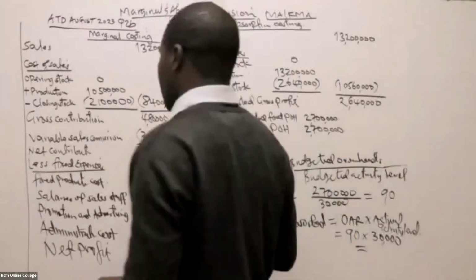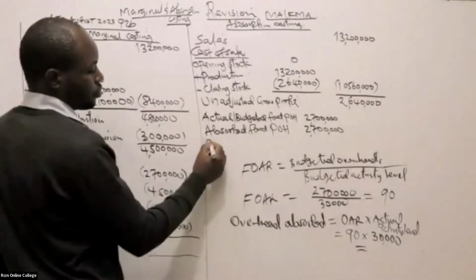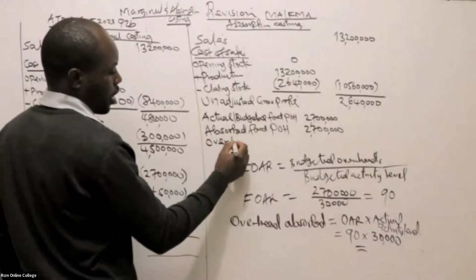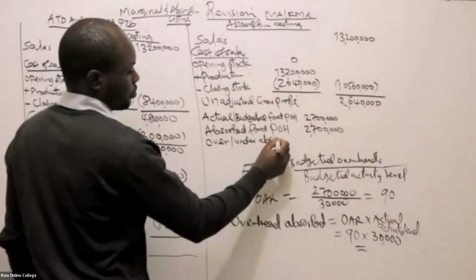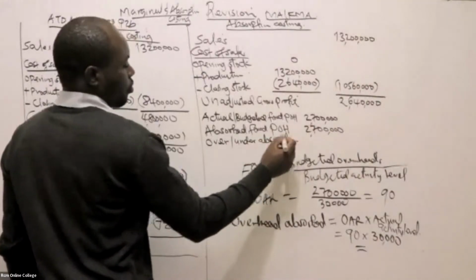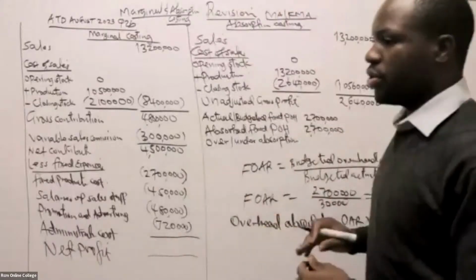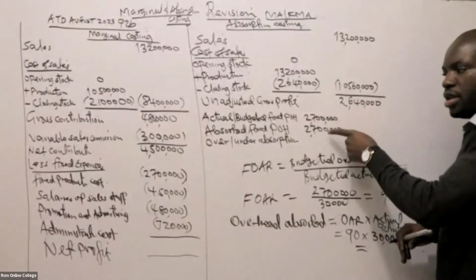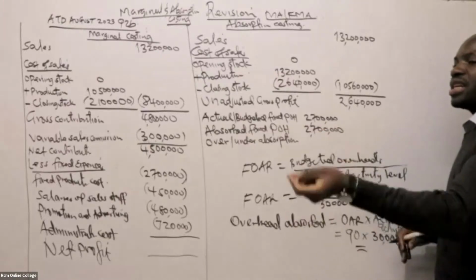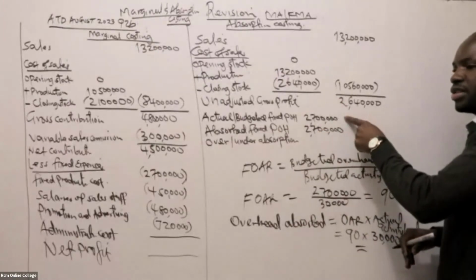So we now come here and talk about over or under absorption. If we have over absorption, it means the expense that was absorbed is greater than the real expense.